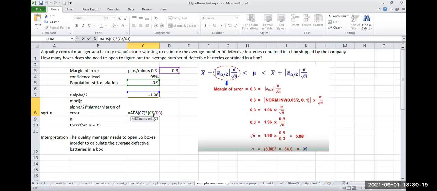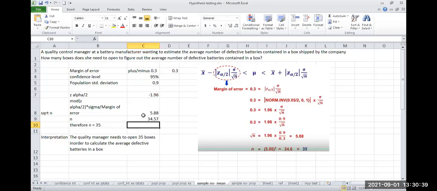So this is C5 by D3, the cell reference over here. You'll get 5.88. If you see the value over here, root n is 5.88. Once you get root n, I want to calculate n value, so square it. Multiply it twice, 5.88 into 5.88, you get 34.57.